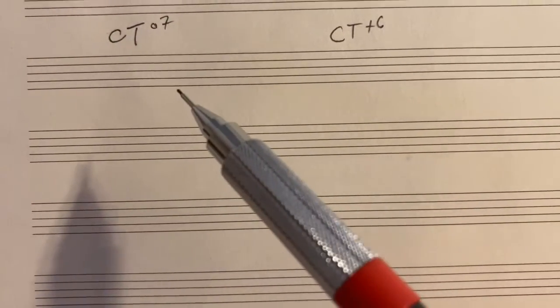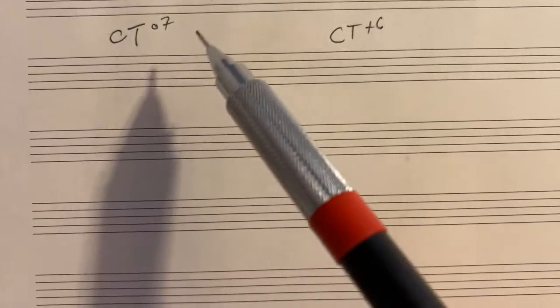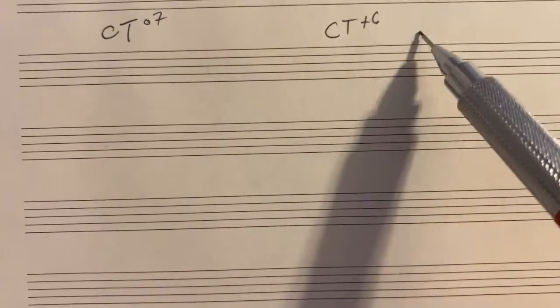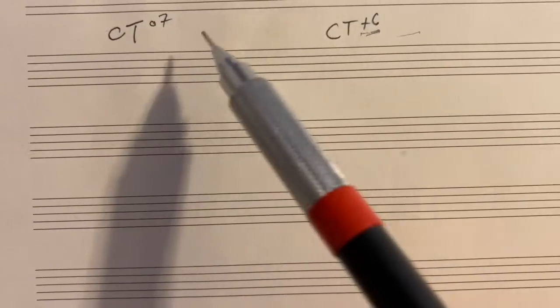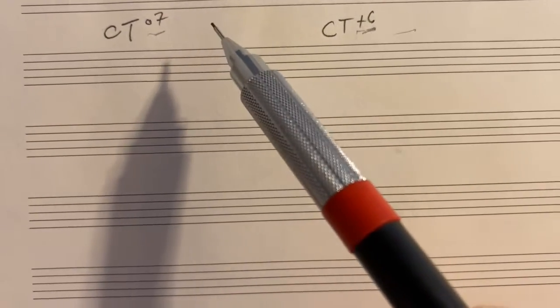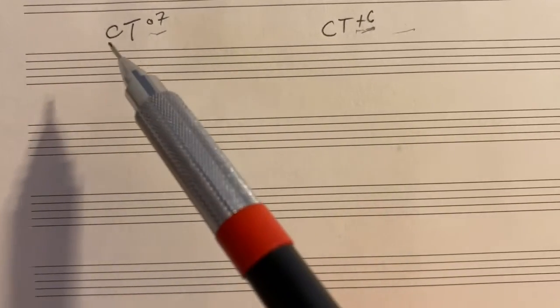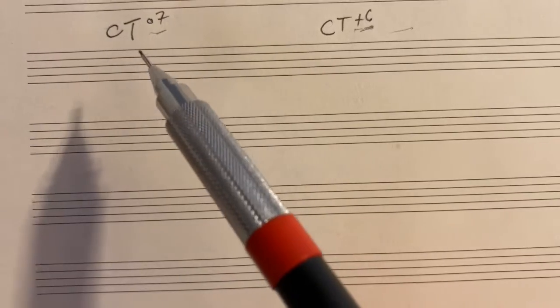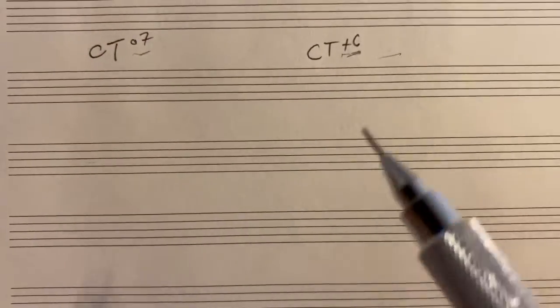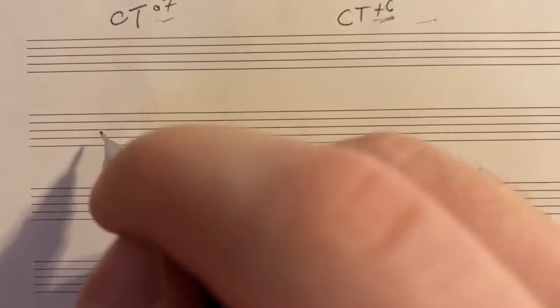And when chords of these qualities don't make sense in that way, but do make sense in this common tone way, we call them a common tone chord. So here's an example.